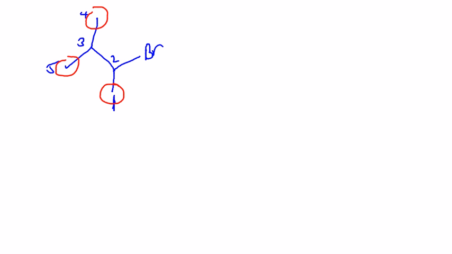They are all identical. If you consider the carbon number 3, that has 2 methyls, so those are identical groups as well. However, if you consider this carbon 2, there is a bromine, there is a methyl, there is an isopropyl, and there's a hydrogen. So there are 4 different groups, and yes, then you can put an asterisk by it.